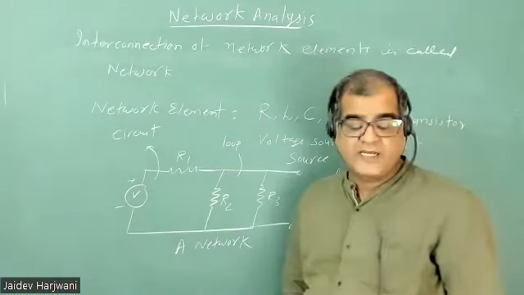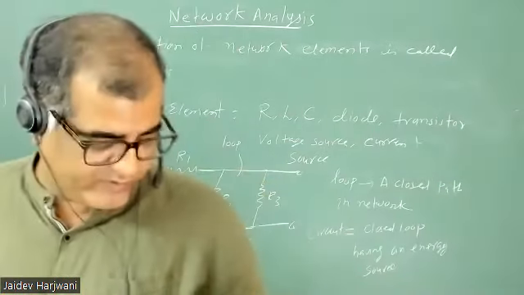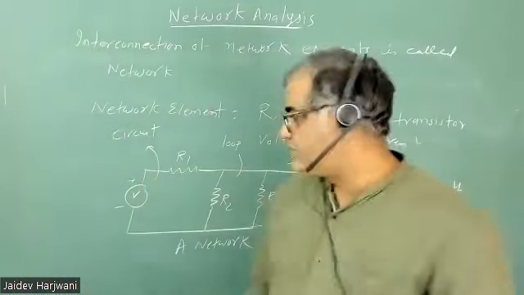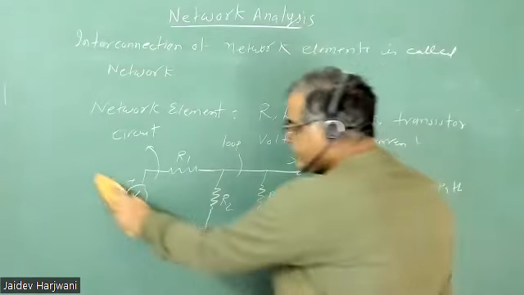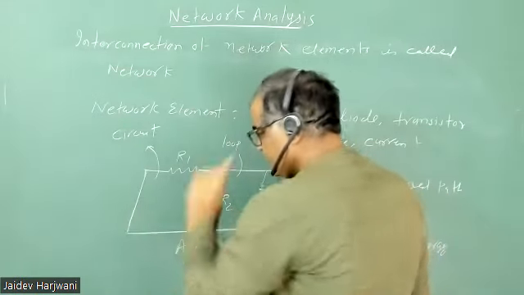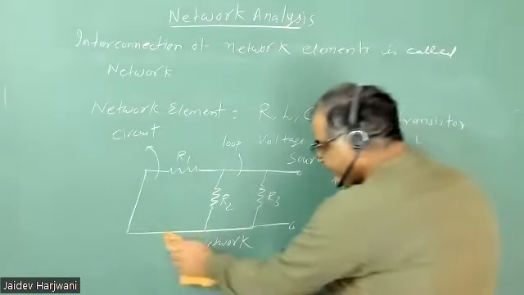Now, for a circuit the energy source is necessary, but for a network we don't require an energy source. For example, if I remove this energy source here, it is still a network, but it is now called a passive network.